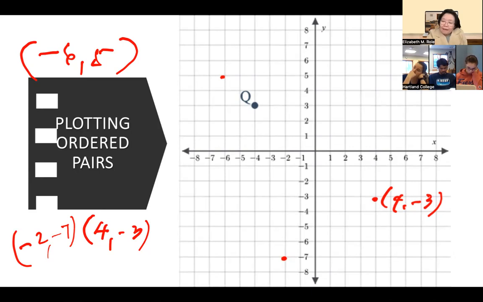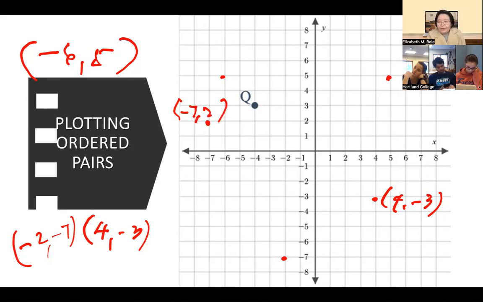Now let's see. What are the coordinates of this point? (5, 5). Everybody agrees that's (5, 5). How about this one? What are the coordinates of this point? (-7, 2).